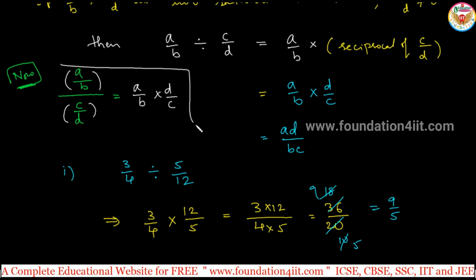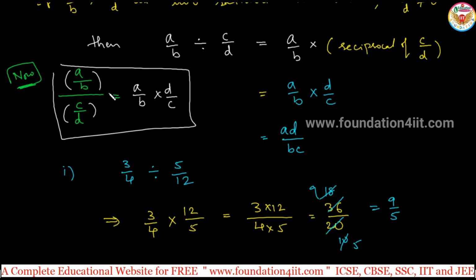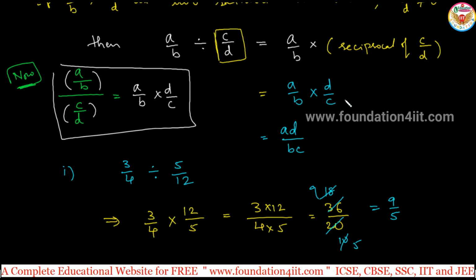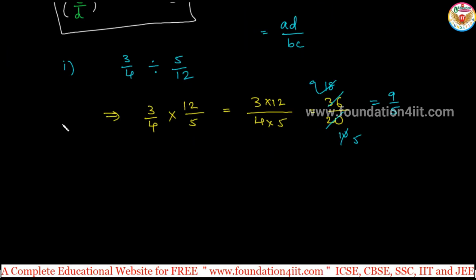Same logic, same concept we applied here. Instead of writing divided by c by d, we can just write the into symbol, and the second rational number should be its reciprocal. Just a small change. So any examples will be the same, right?